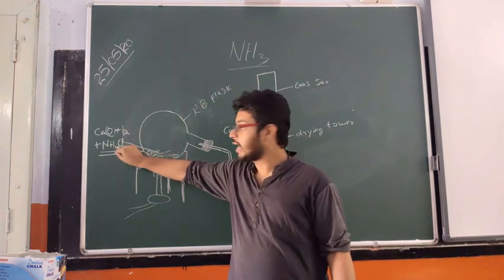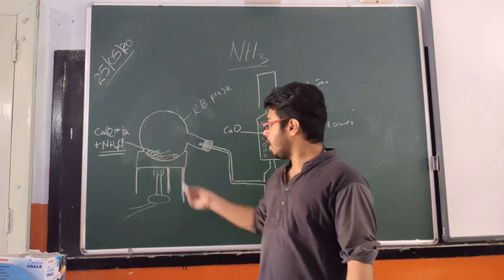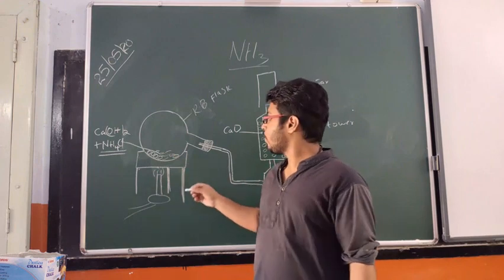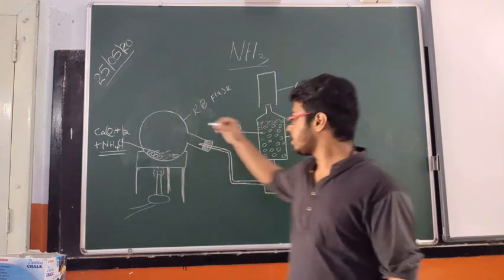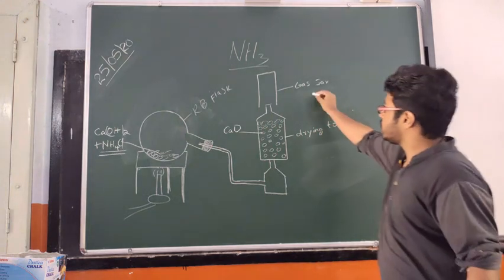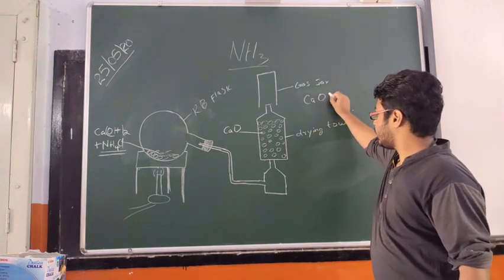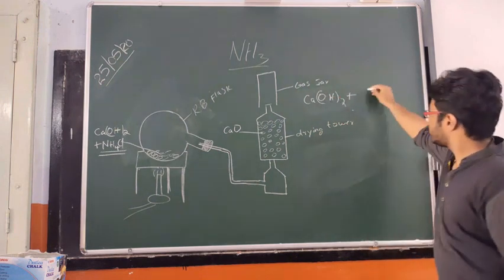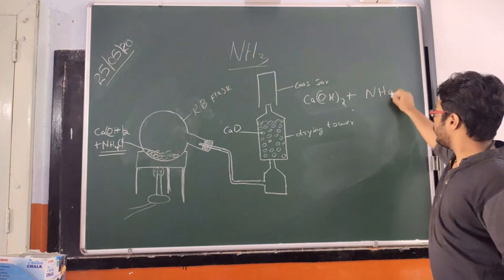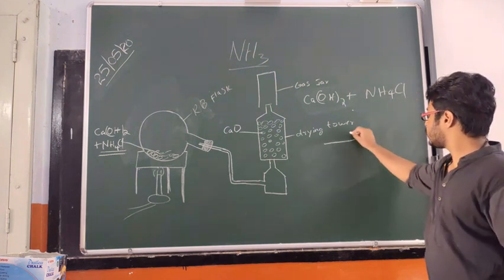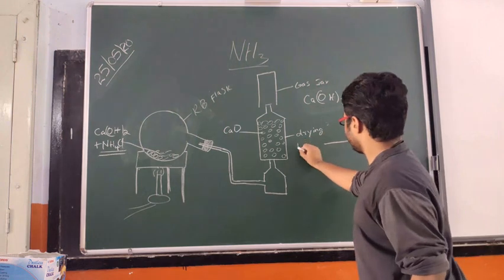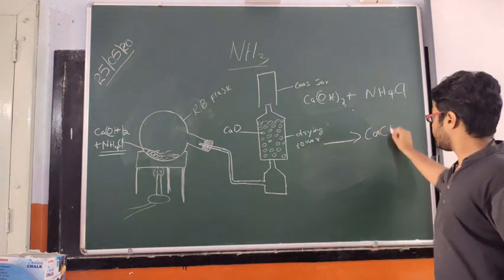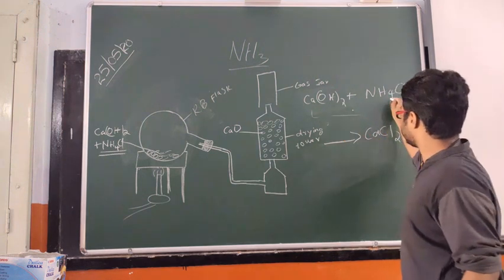Inside the flask, two chemicals are added: one is calcium hydroxide, the other is ammonium chloride. After that, we heat it using a Bunsen burner. When it is heated, the reaction, which I'll write down here, is: calcium hydroxide, Ca(OH)2, plus NH4Cl, that is ammonium chloride, gives calcium chloride.